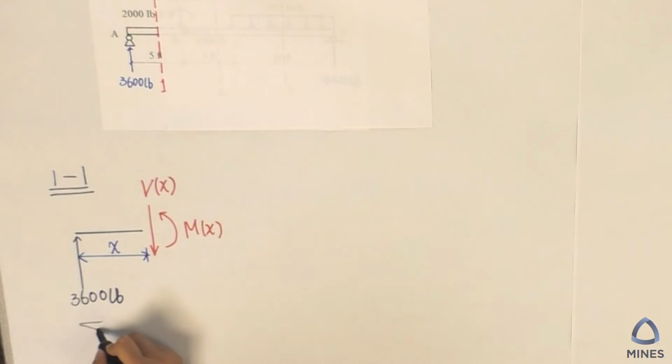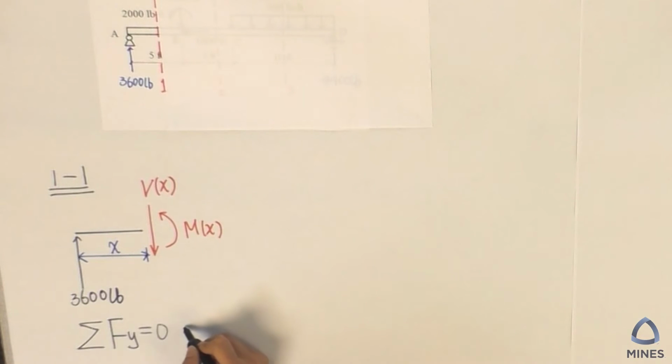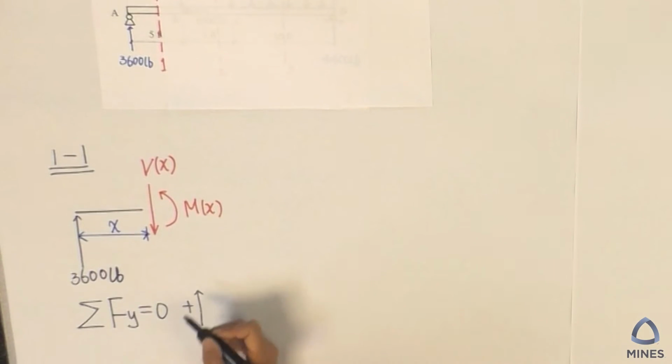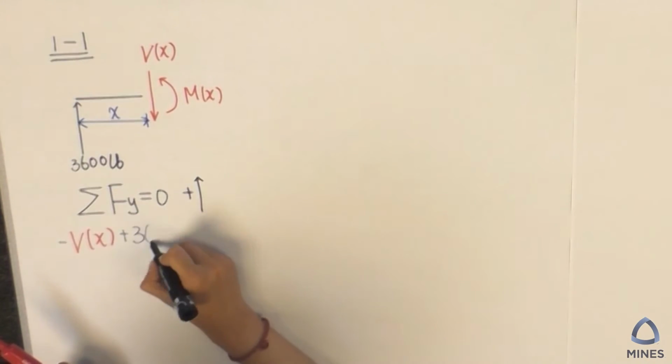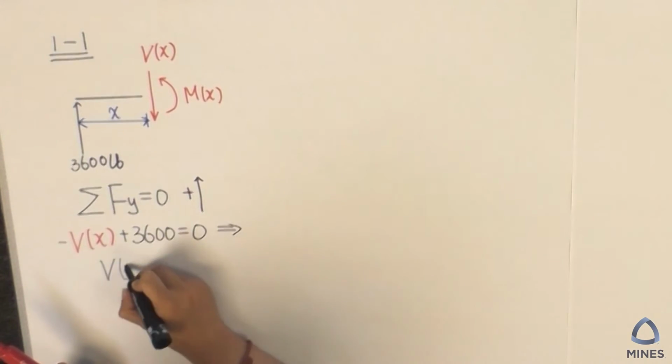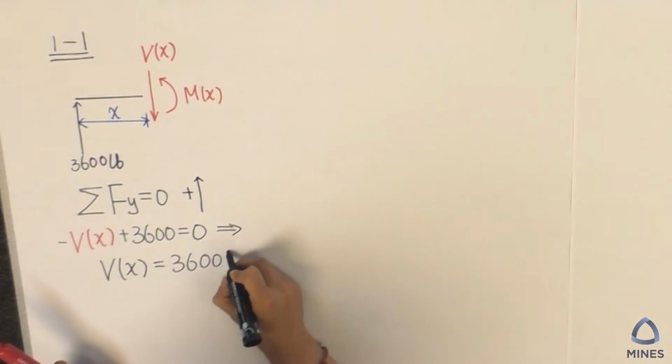If we sum the forces in the Y direction, we get the shear function equal to 3,600 pounds.